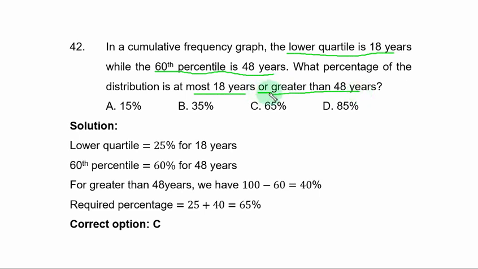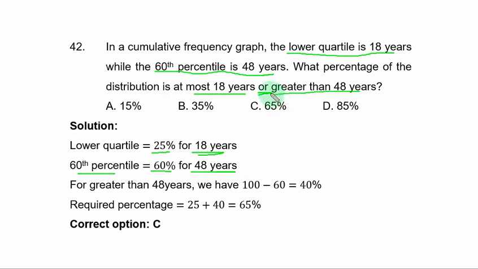Or here means addition, so you add the required percentage. Lower quartile also means 25%, and that agrees with 18 years. 60th percentile is 60%, and that is 48 years.